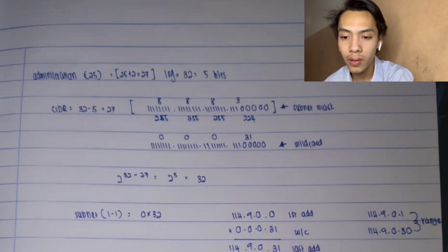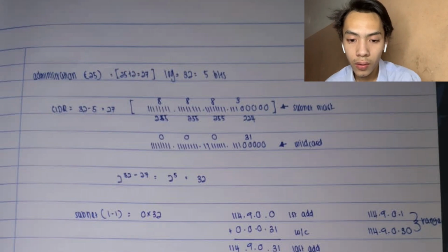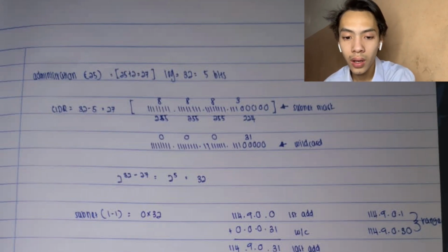So the first address is 114.9.0.0, and then we add the wildcard 0.0.0.31 and get the last address, 114.9.0.31. Then the first address we plus by 1 and the last address we minus by 1, so we get the range for the first subnet.